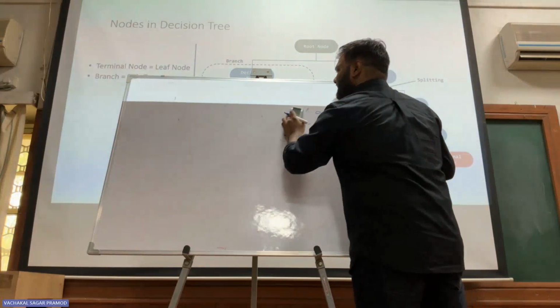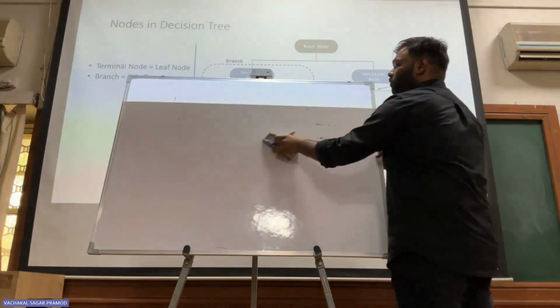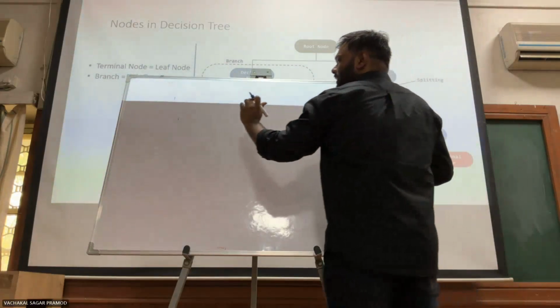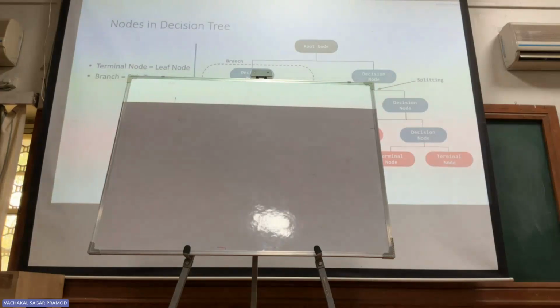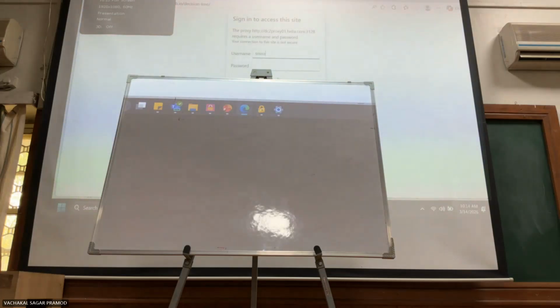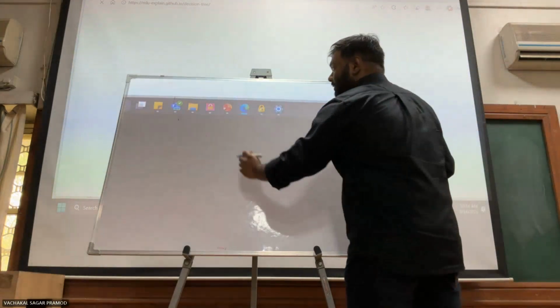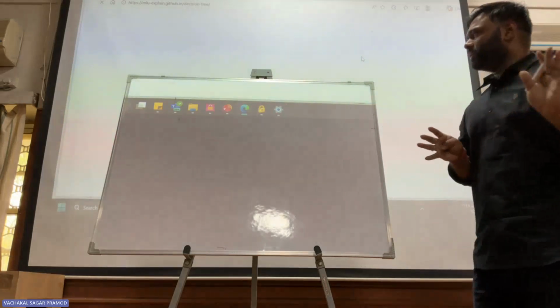Now try to see a problem before going into decision trees. Let's start over and try to understand something.